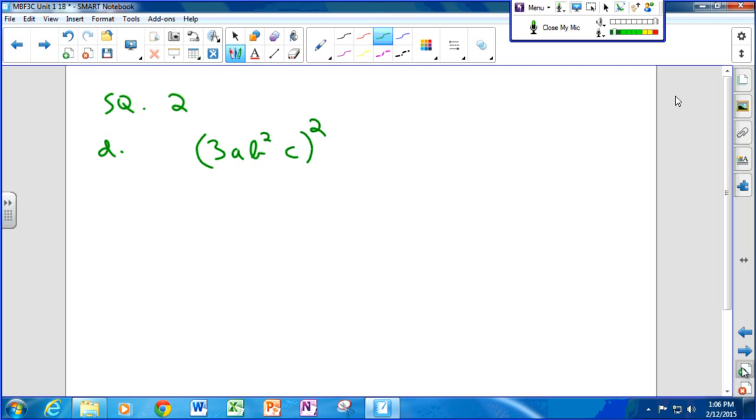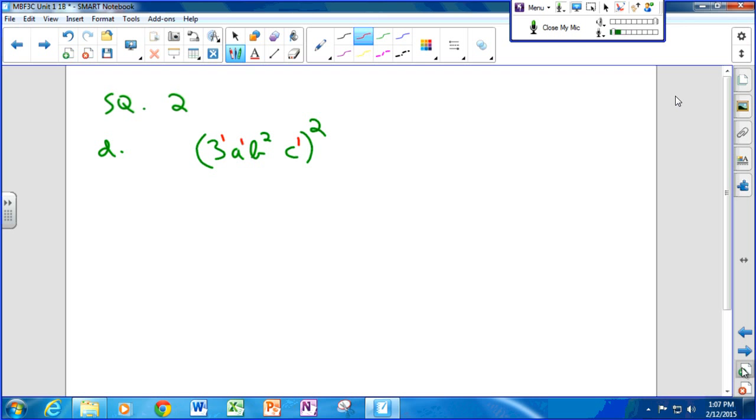The 3 laws are multiplying powers, so when you have the same base and you're multiplying two powers with the same base, dividing powers, and power to a power. So what this actually is is power to a power. If I draw in the 1 exponents where they aren't there, now it should become clear.